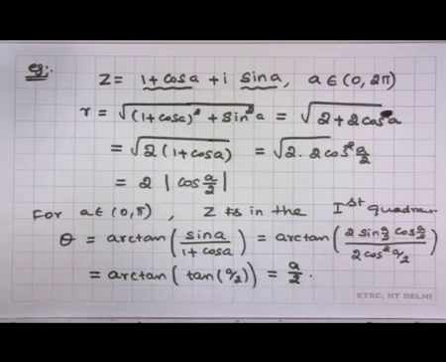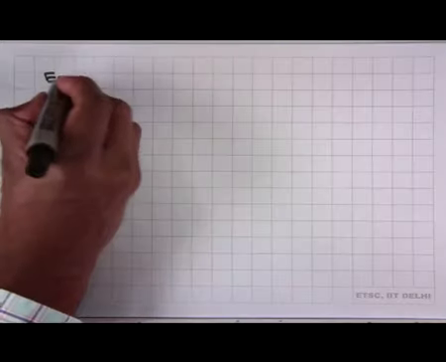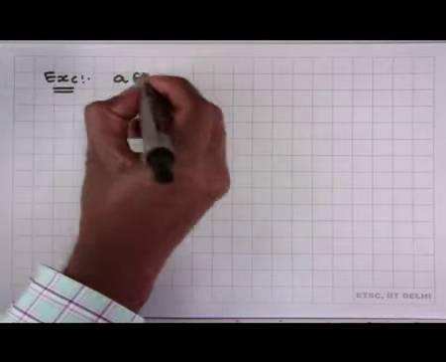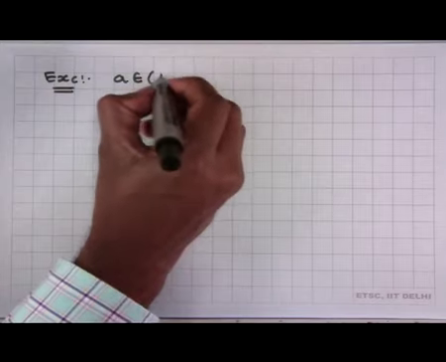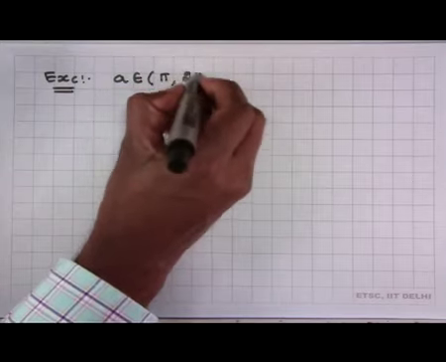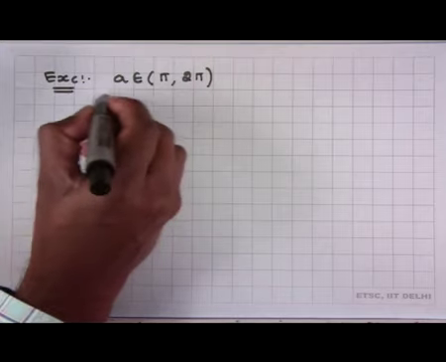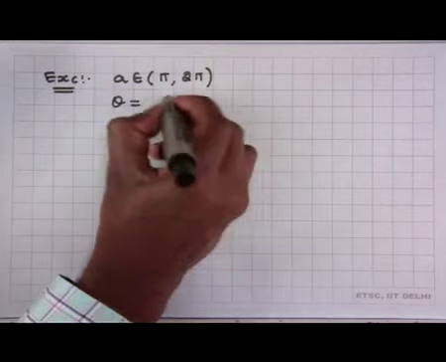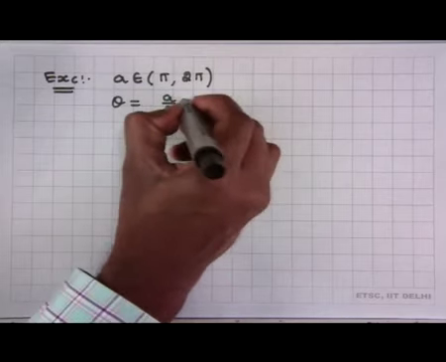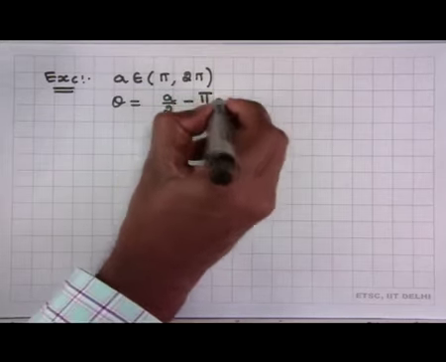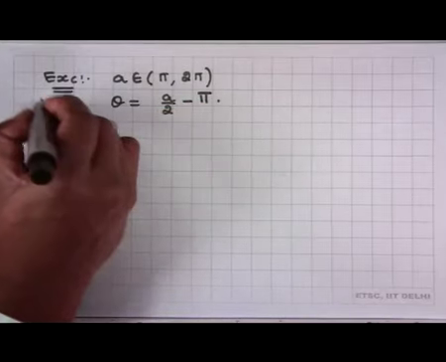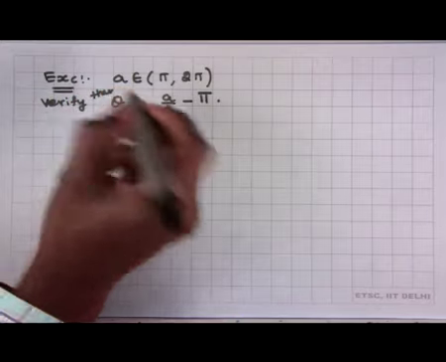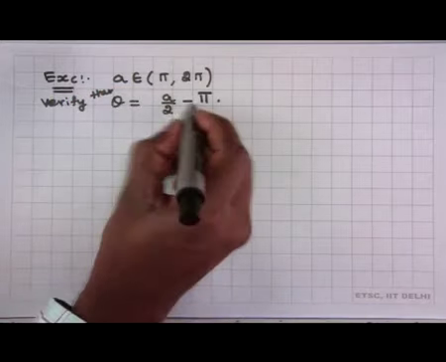For you, the other simple exercise: if A lies in the interval pi to 2 pi, derive that theta is A by 2 minus pi. Verify that theta is A by 2 minus pi.